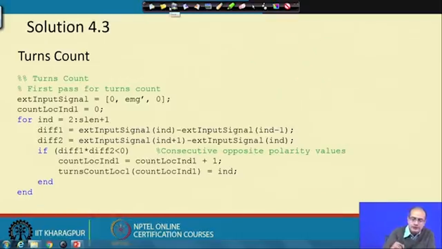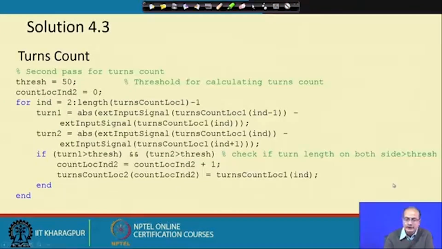So, first we check the first phase of turns, that means all the turns we get, then we go for the thresholding operation. We take the threshold here in this case as 50, and we are checking that the difference in the height should be at least 50.